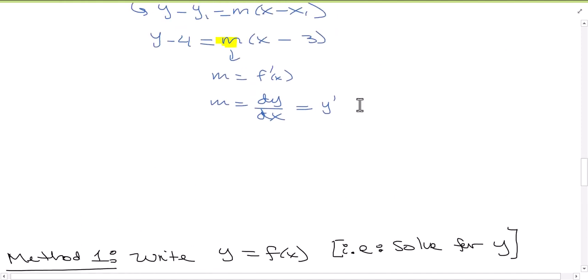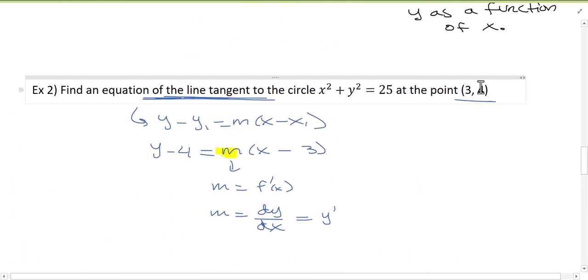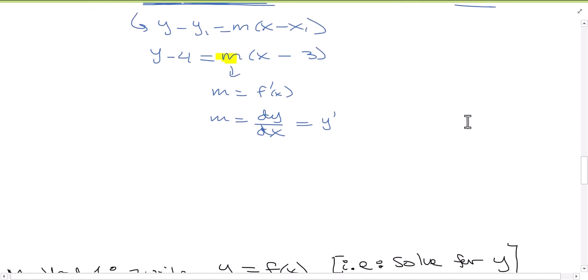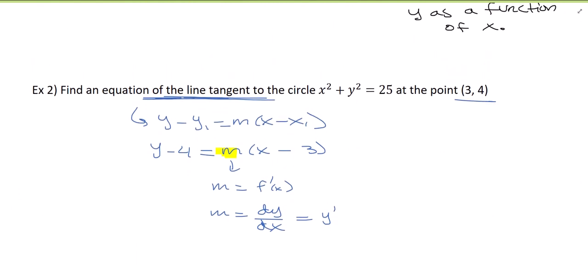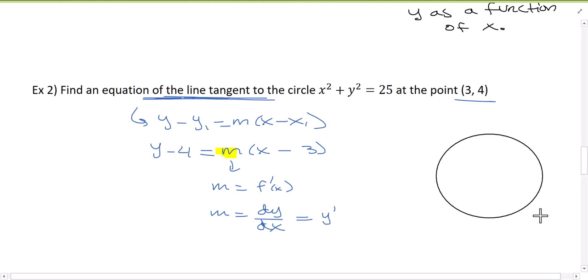Now here, because I am looking at where the point is at (3, 4), the y value, notice that the y value is positive here. So that means that I am looking at the top of the circle. When you graph a circle, so let's pretend that this one is of radius 5. So you're going to have x equals 5 here, negative 5, and then 0. So when you're looking at the point (3, 4), that is over here.